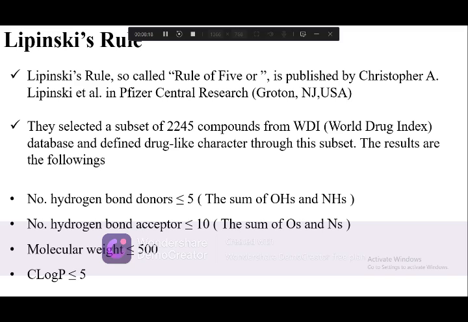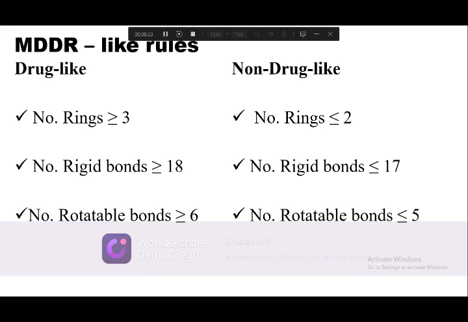It is called Lipinski's rule of 5, but it's not 5 in number, it's only 4. It's called the rule of 5 because the conditions are in multiples of 5: you can see 5, 10, 500, 5.